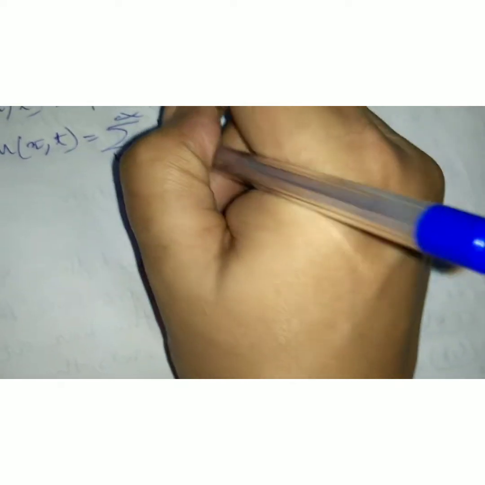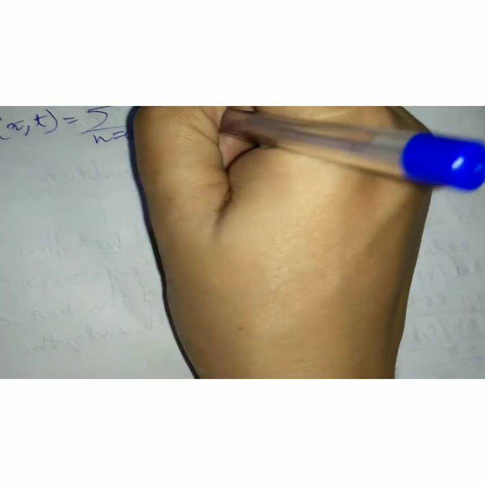Now u(x,t) can be written in the general form, summation n equals 0 to infinity an cos(n pi x divided by L) e to the power minus c square n square pi square t divided by L square.